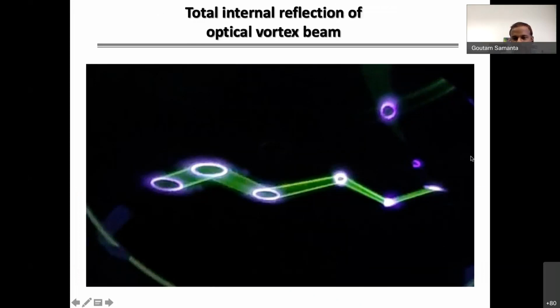This is one of the demonstrations we have in the lab. We have a lens, and we are seeing the total reflection of the vortex beam. This part looks like a cylinder. The vortex propagates in this cylindrical form, and you see that the vortex shape remains unchanged, and due to propagation the divergence is there, and you can see the beam diverging.